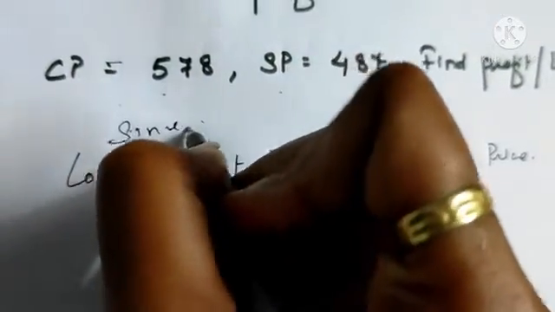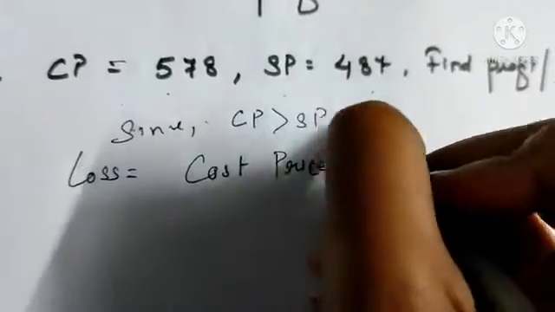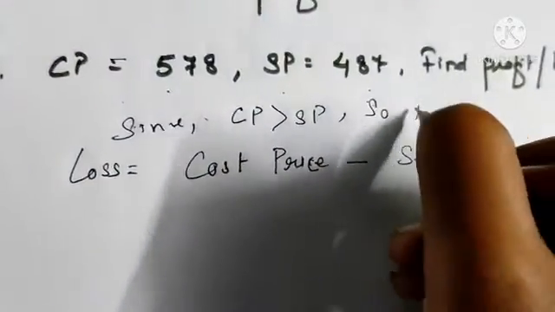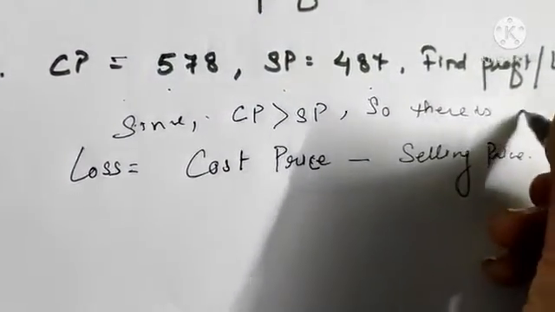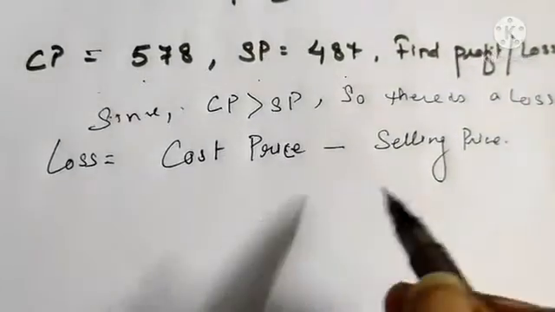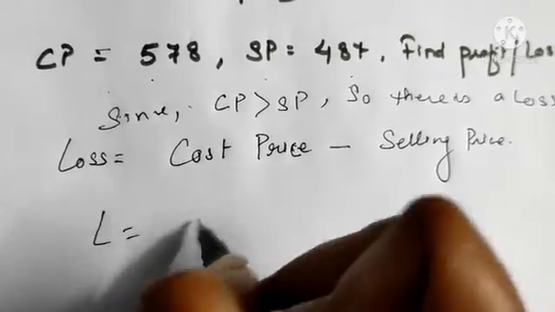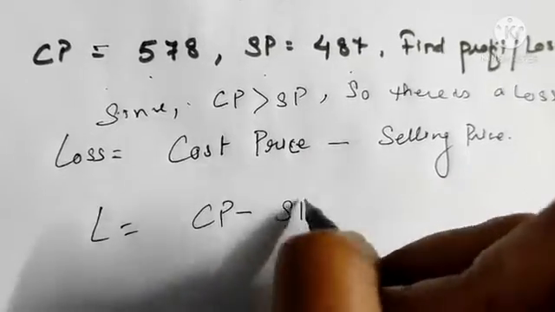Since CP is greater than SP, so there is a loss. So loss equals cost price minus selling price, or you can write L equals CP minus SP.